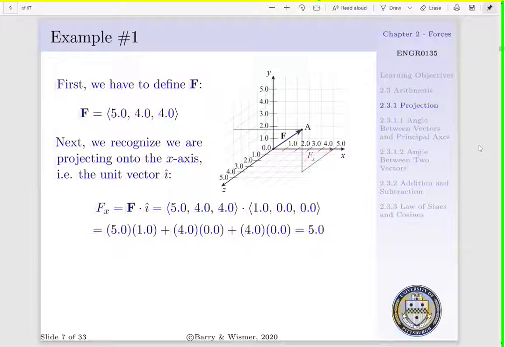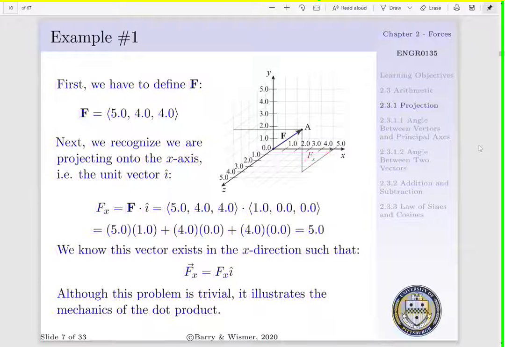So you have 5.0, 4.0, 4.0 describing f dotted with 1.0, 0.0, 0.0, i hat. And in our component-wise multiplication, we have 5.0 times 1.0 plus the quantity 4.0 times 0.0 plus the quantity 4.0 times 0.0, which gives us a value of 5.0.